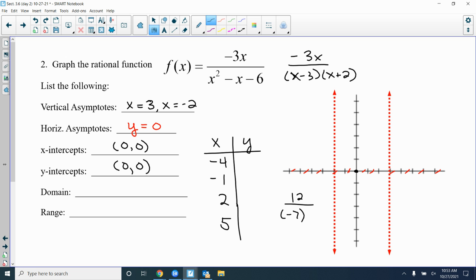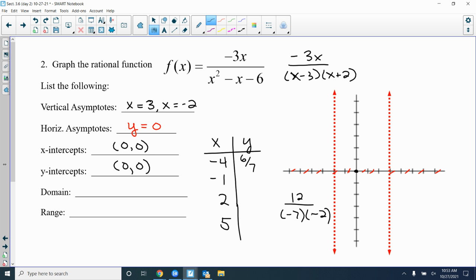And negative 4 plus 2 is negative 2. So what do I get? I get 12 over positive 14. What's that reduced to? 6 sevenths. Again, double, triple, quadruple check the sign of your answer. If things do not look right, you probably got a sign wrong.